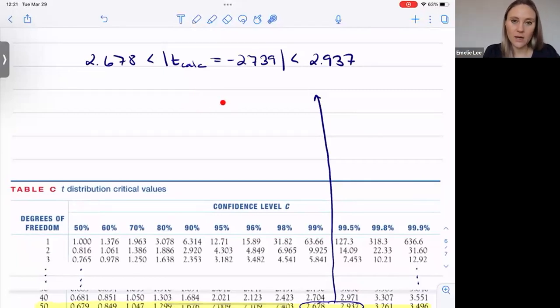Then below that, I write my p-value. If I want the one-sided p-value, for example, I write that here.